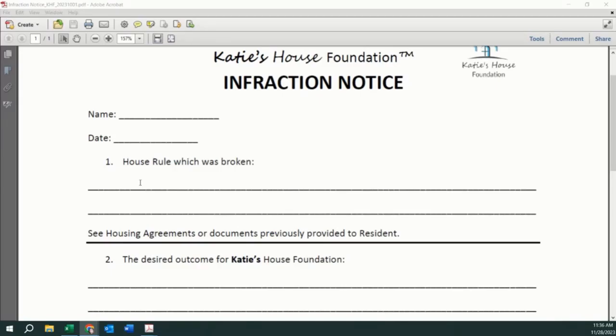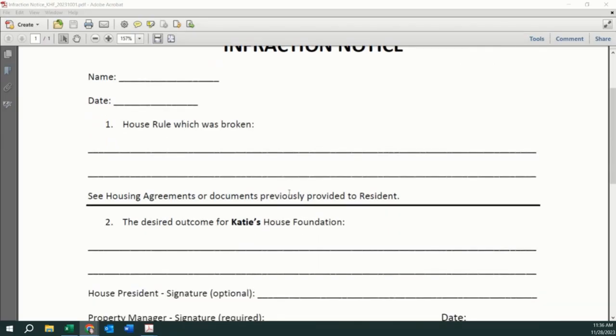Now, how would you know that such and such rule has been broken? Well, normally another resident will report that to you or to the property manager. And you'll want to encourage all the residents to send that information via email to whoever you have in receipt of that.